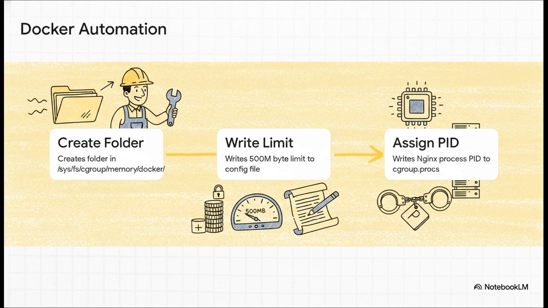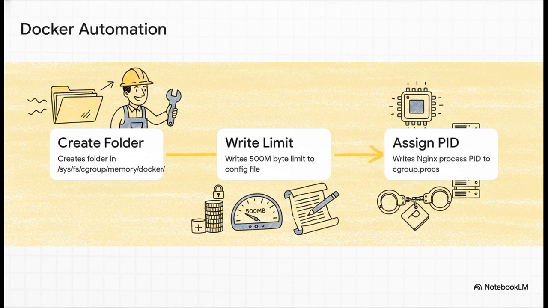Docker is basically acting as an incredibly fast foreman for us, interacting directly with the Linux virtual file system on our behalf. Step 1. Docker goes into /sys/fs/cgroup/memory/docker and creates a brand new folder named with this specific container's unique ID. Step 2.